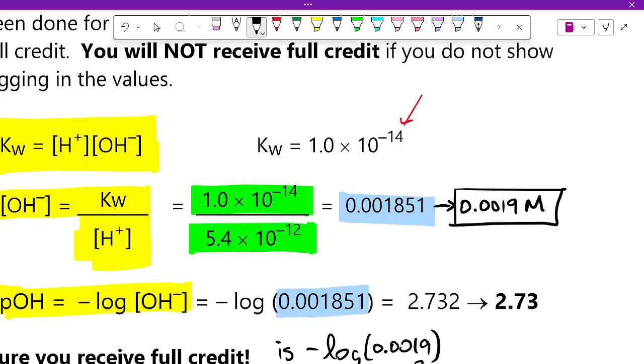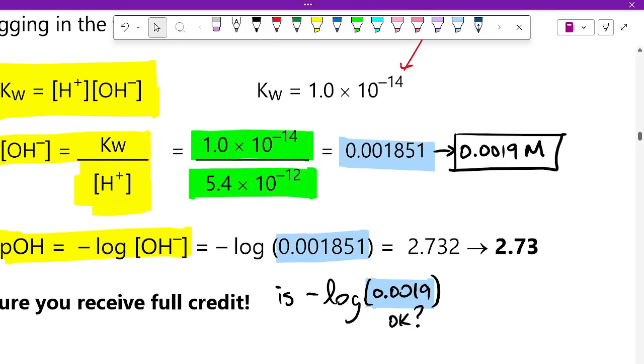Like if instead of writing 0.001851, would it be okay if I wrote 0.0019 instead and did that in my calculator? No. Why is that?